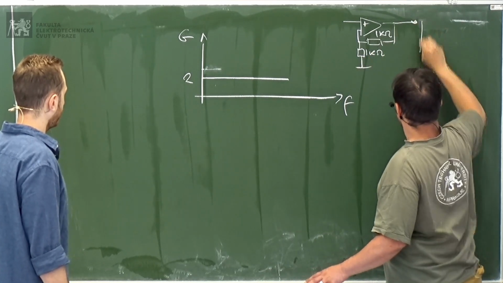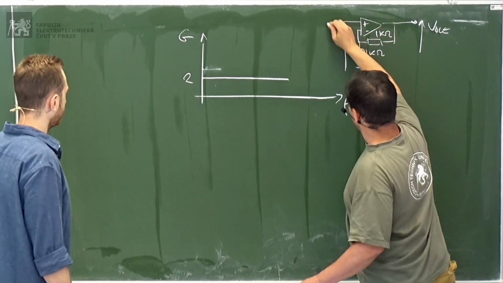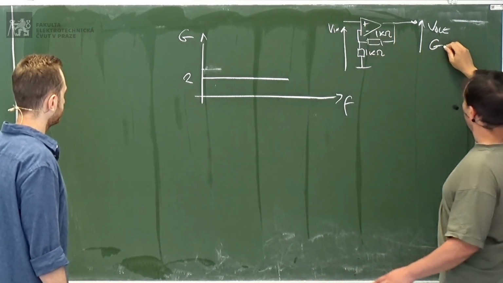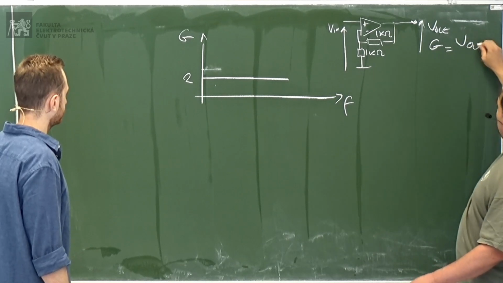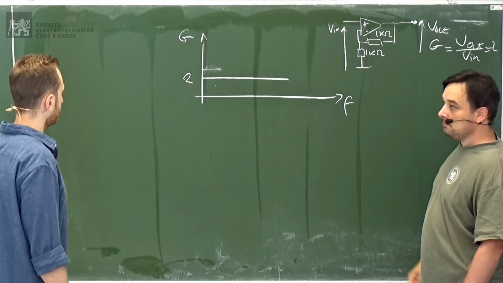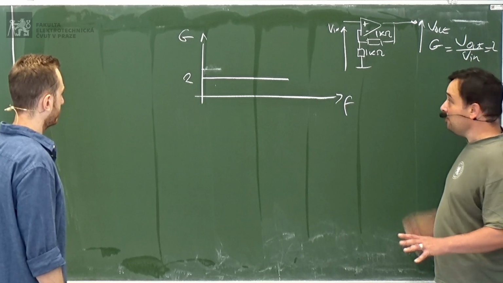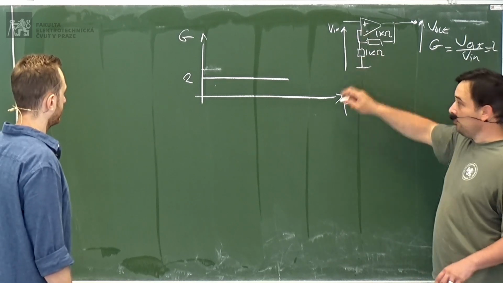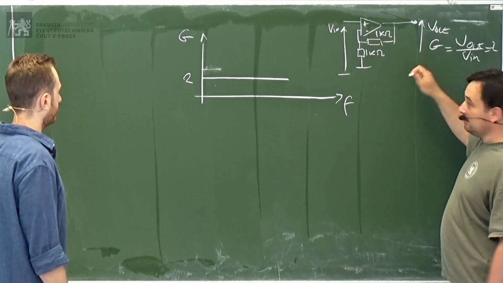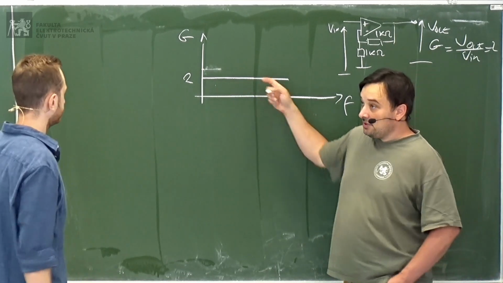And this is the output. This is the input. And your gain will be the output divided by the input, okay? In this case, 2, because we have RF equal to R1. This means that you put an input voltage, you get here double that input voltage, whatever the frequency is, okay?